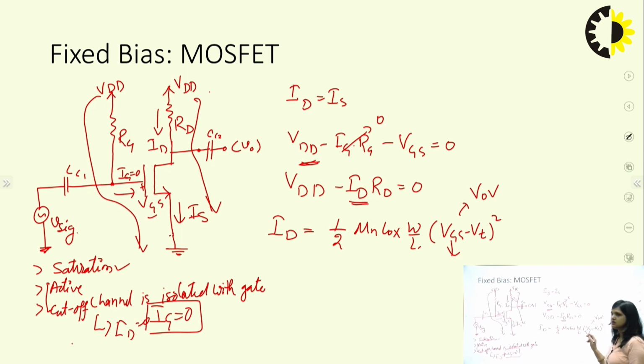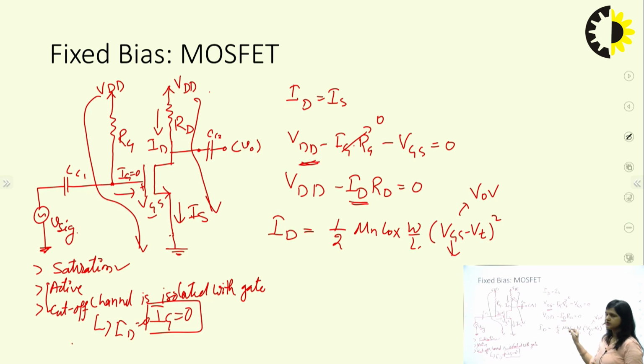Just by applying the supply voltage, we can get the value of ID. If I compare the stability of BJT and MOSFET, the stability is definitely much better in the MOSFET as compared to BJT, because in the case of BJT there are different variation factors like beta, VBE variation, and ICBO. There is no leakage current like that which exists in the BJT, which is due to the minority carriers.